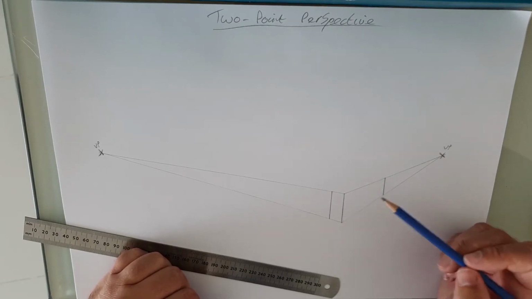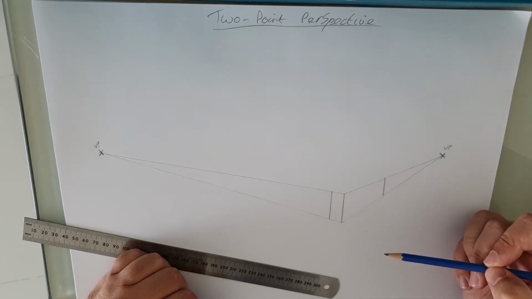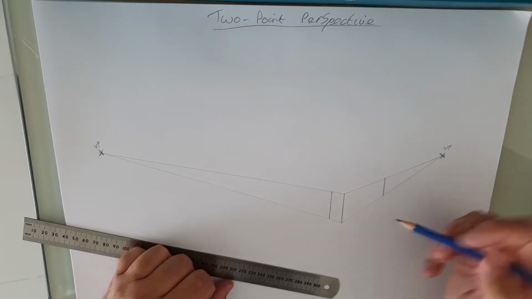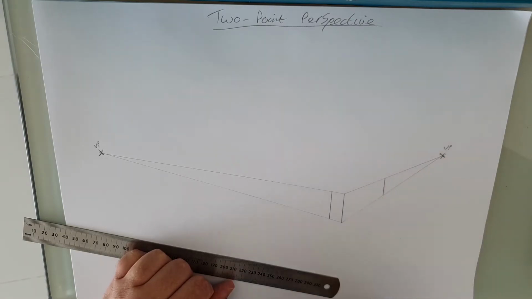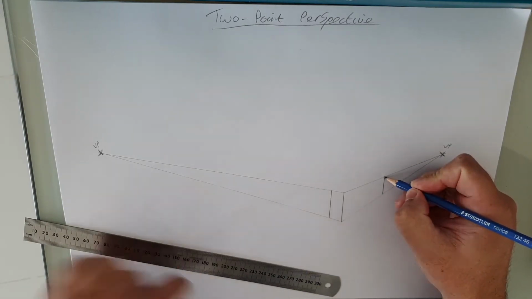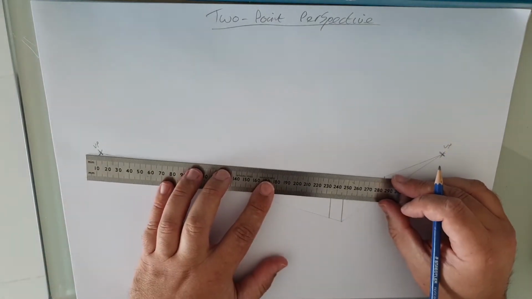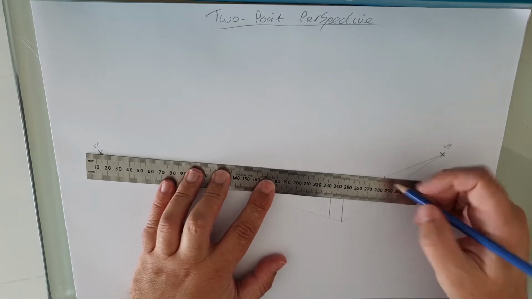So what I now have to do, once I've got 3 vertical lines, is join the one that is on the right hand side, this one. That one has to join up with the left hand vanishing point. So at this point they go to the opposite vanishing point.